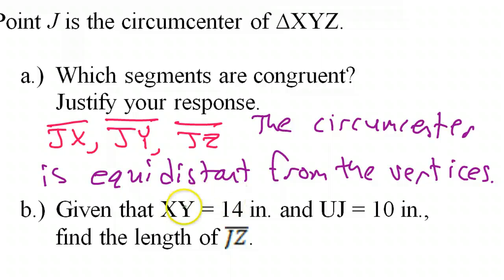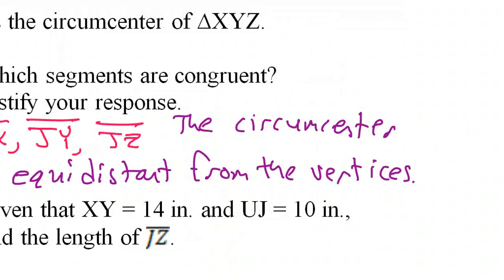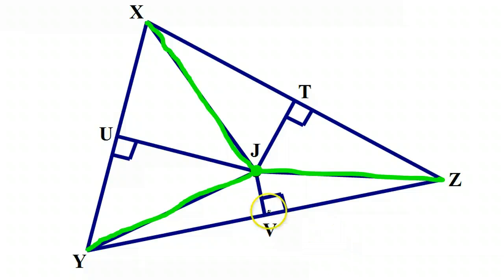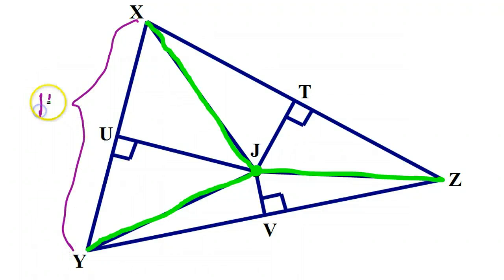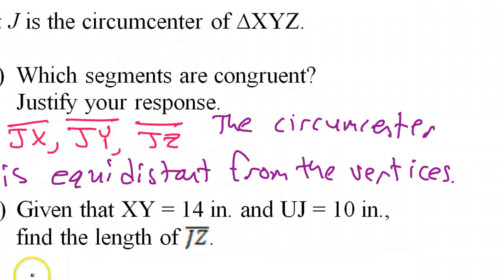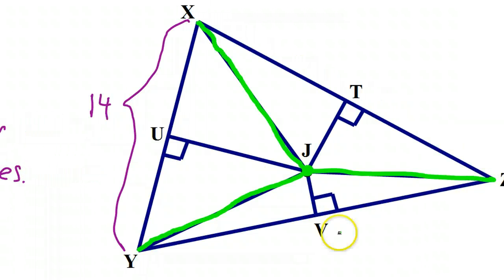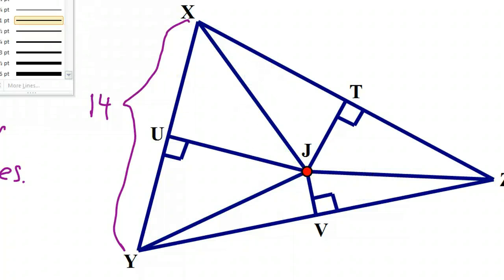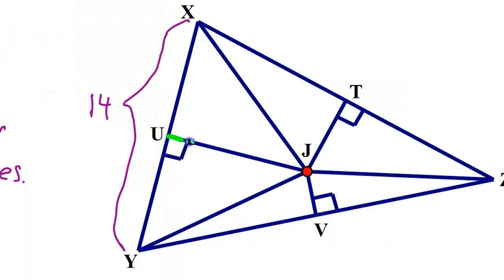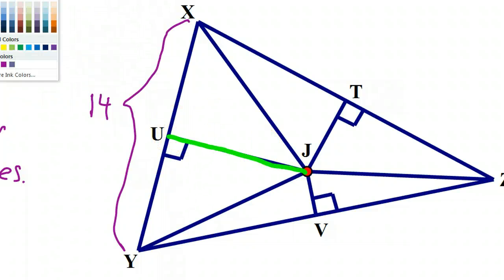Given that XY equals 14. So this whole thing from here to here is 14. And UJ is 10. Here's UJ, and we're being told that that is 10.